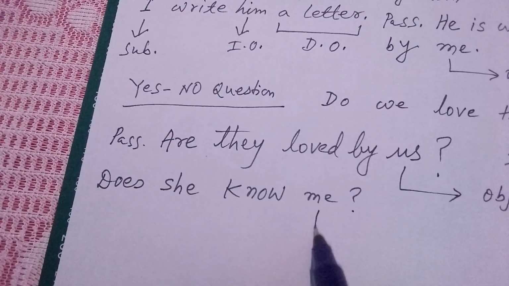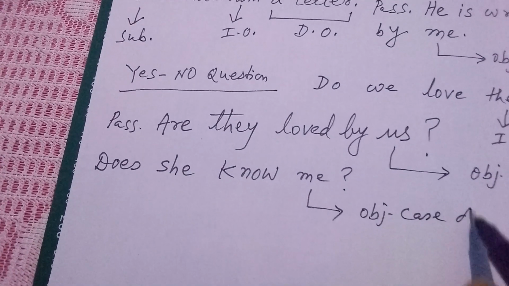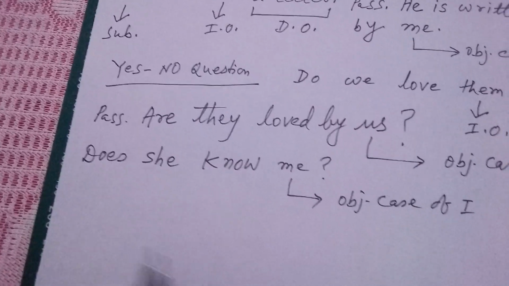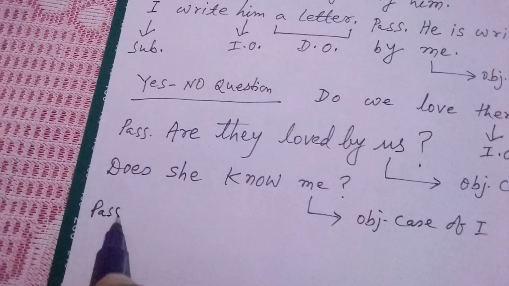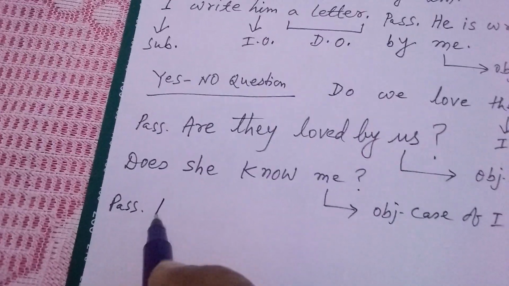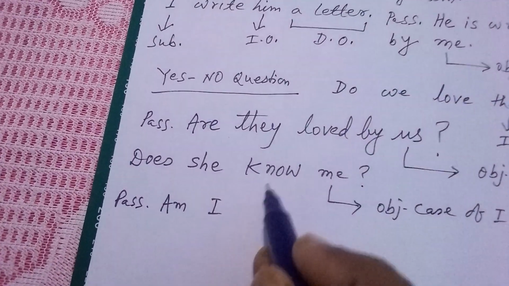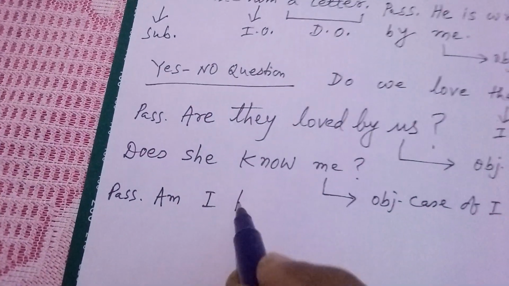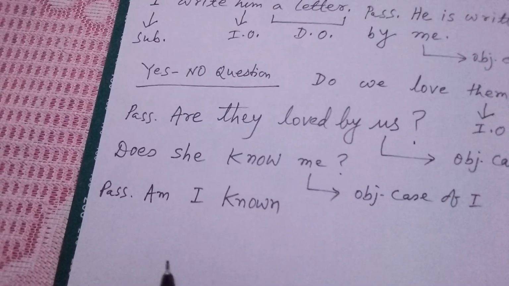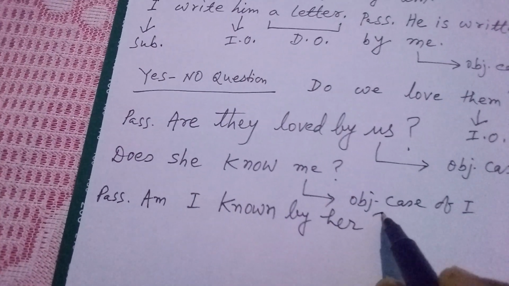Here you say me is objective case of I. That's why its passive we will make by using am, and with I we are using am. So we will write am I, and V3 of know is known. Am I known by her? Question mark.